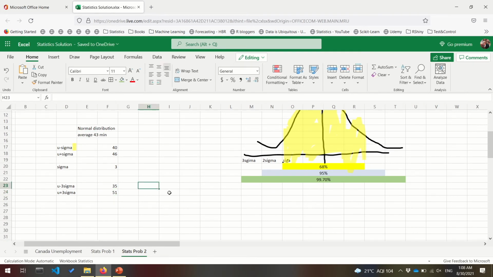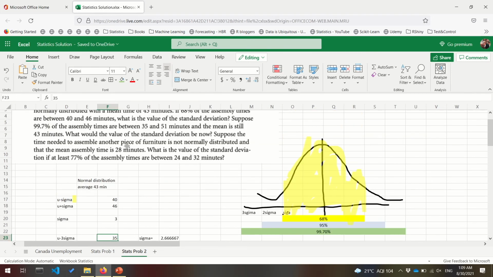So can you calculate what this is? From the first equation, sigma will be mu 43 minus 35 and then divided by 3. And from the second, sigma will be equal to 51 minus mu 43 and then divided by 3. You see the values come out the same. What will the value of standard deviation be now?